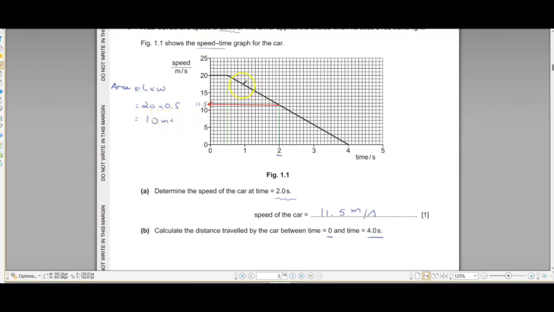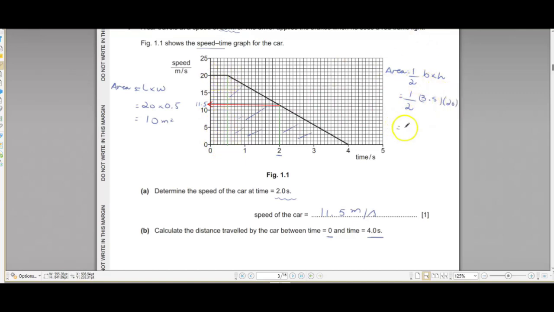Then we move towards this area, which is in the form of a triangle. The area of a triangle is given by the formula half base times height. The base of the triangle would be 4 minus 0.5, that is 3.5, and the height is the same, which is 20.